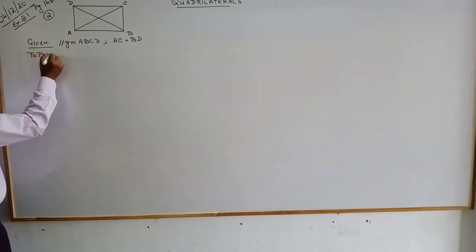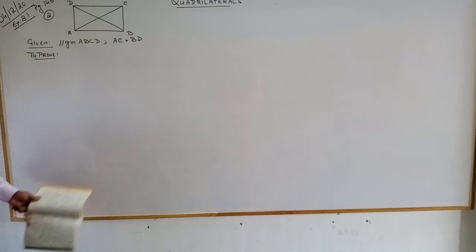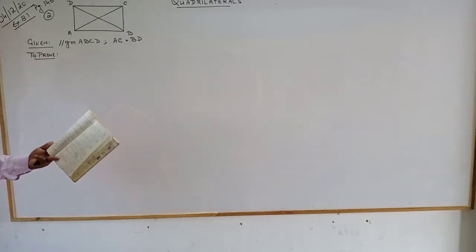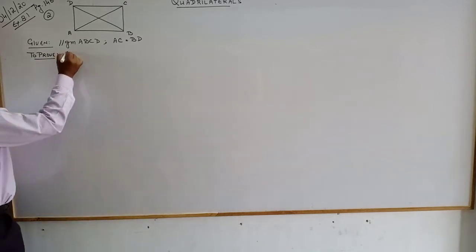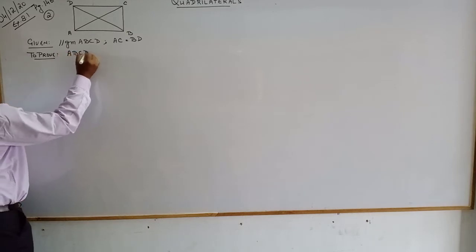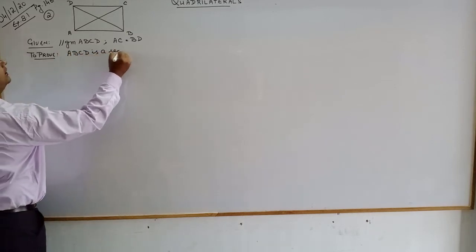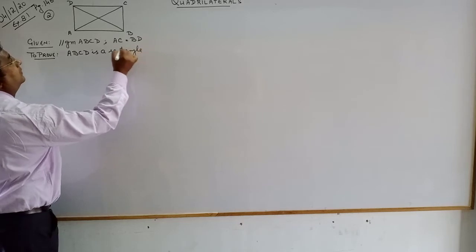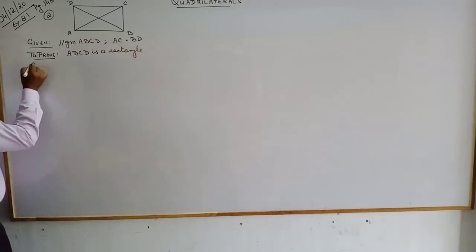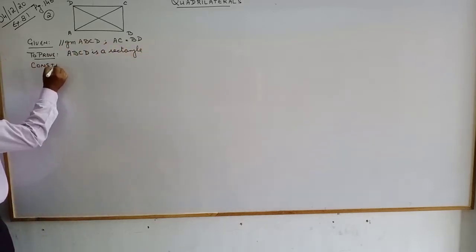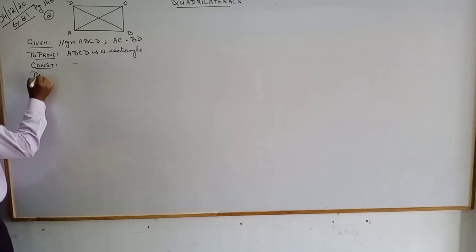We need to prove that it is a rectangle. We need to prove that ABCD is a rectangle. Right? So construction not required. Everything is constructed for us. Proof, observation, nothing else.